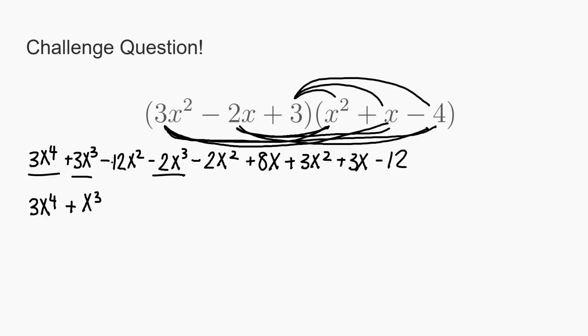This means negative 12 minus 2 is negative 14, plus 3 is negative 11. So negative 11x squared. And then we have 8x plus 3x, which is 11x. And lastly, we have negative 12. Our final answer is 3x to the 4th power plus x cubed minus 11x squared plus 11x minus 12.